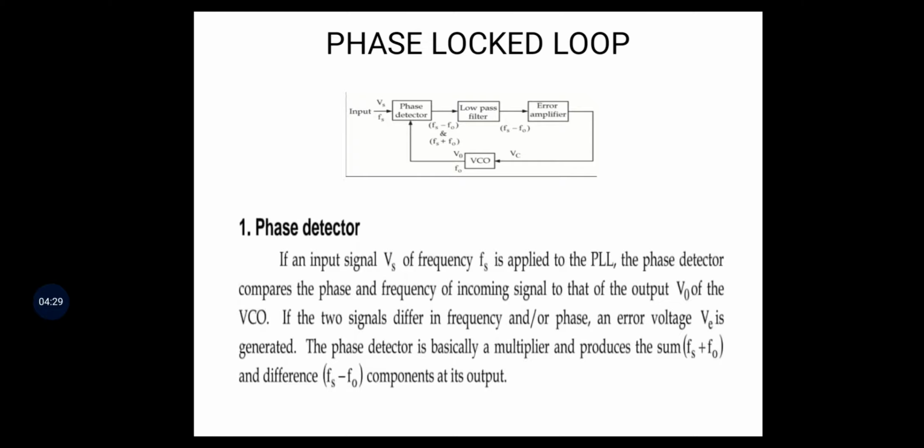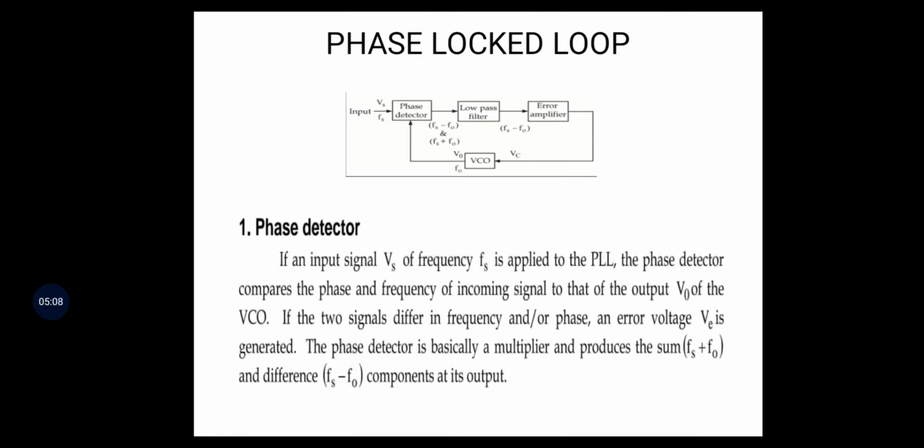If an input signal Vs of frequency Fs is applied to the PLL, the phase detector compares the phase and frequency of the incoming signal to the output V0 of the VCO. If the two signals differ in frequency and phase, an error voltage V is generated.